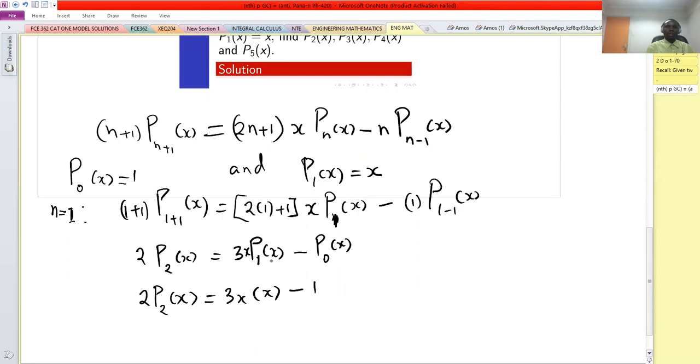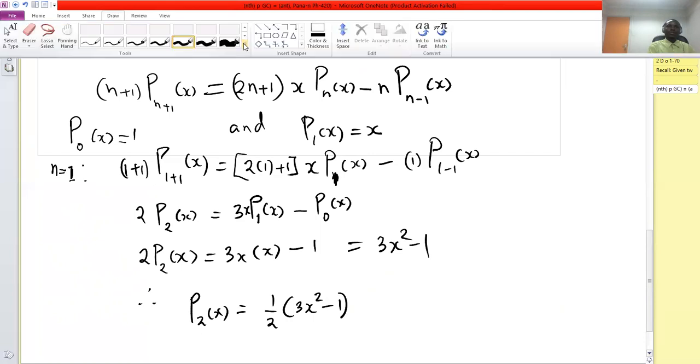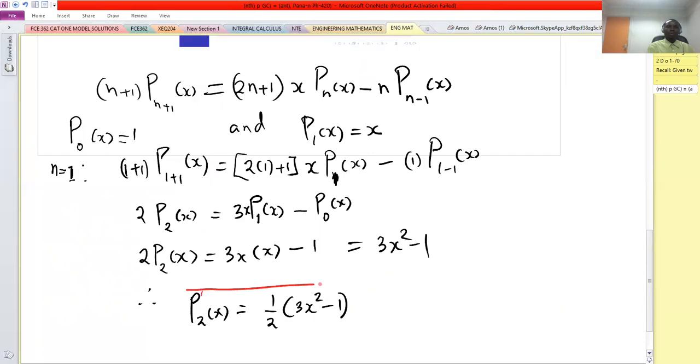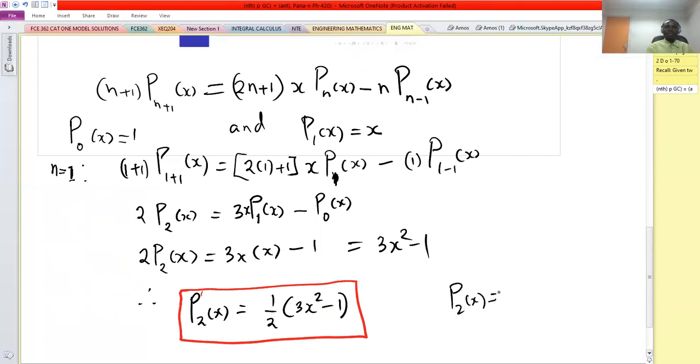This will be 3x squared minus 1. And therefore P2 of x, we divide simply by 2, so it's a half into 3x squared minus 1. So this is the formula for P2. So we have gotten one solution for the question. And this same solution P2 of x can be written as 3 over 2 x squared minus 1 over 2.